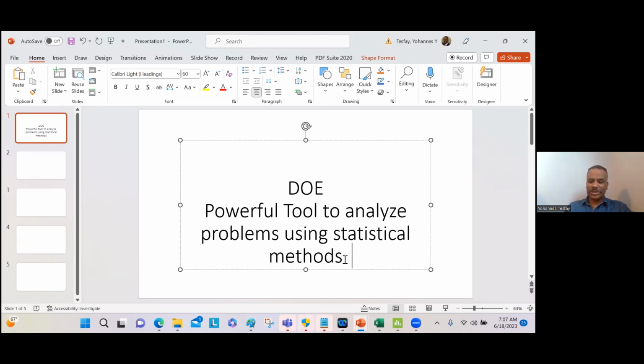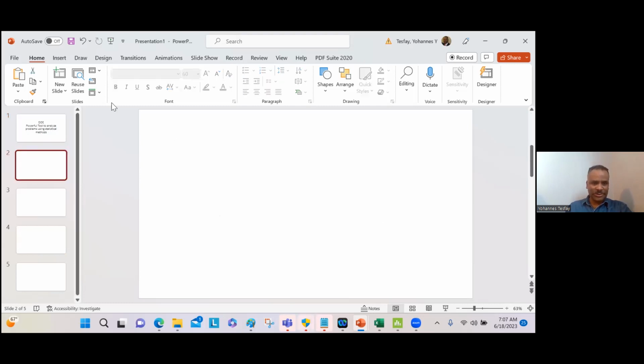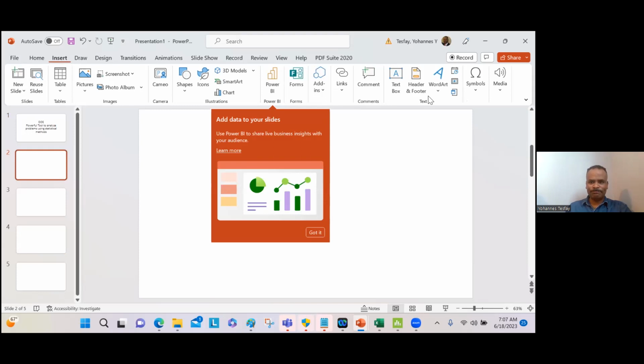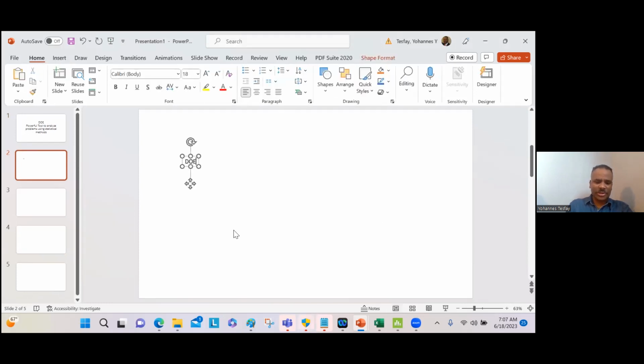So design of experiments doesn't mean experiment, okay? It does not mean conducting an experiment.